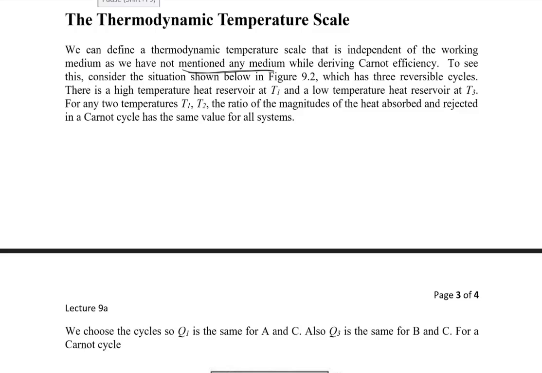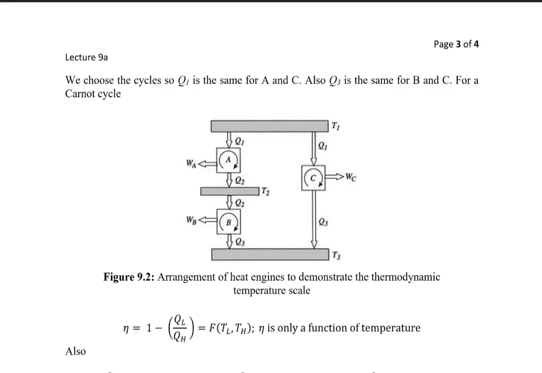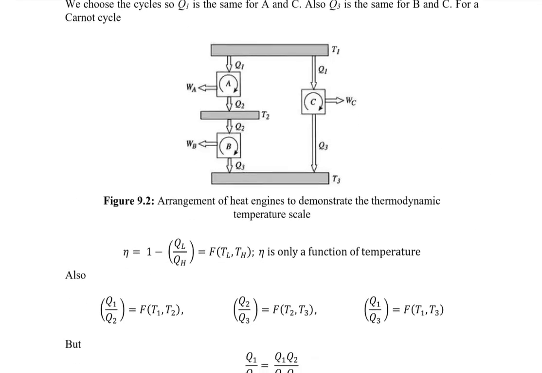To see this, consider the situation shown in Figure A, where we have different heat reservoirs: a high temperature reservoir, T1, a low temperature reservoir, T3, and a medium temperature reservoir, T2.